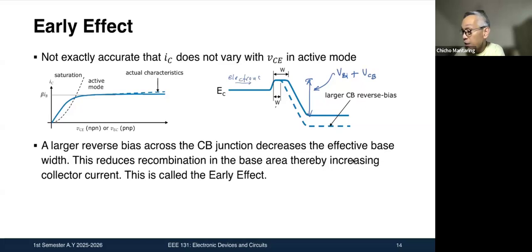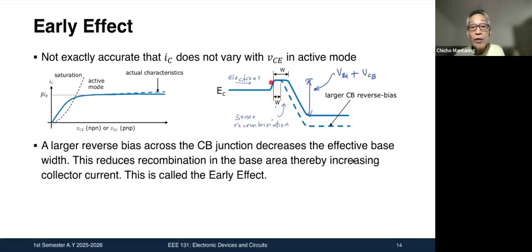There is some recombination. But before all of these electrons can recombine, most of them would have fallen down this potential energy hill already. Most of these electrons will find their way to the collector. But in the effective base width, you have some recombination.